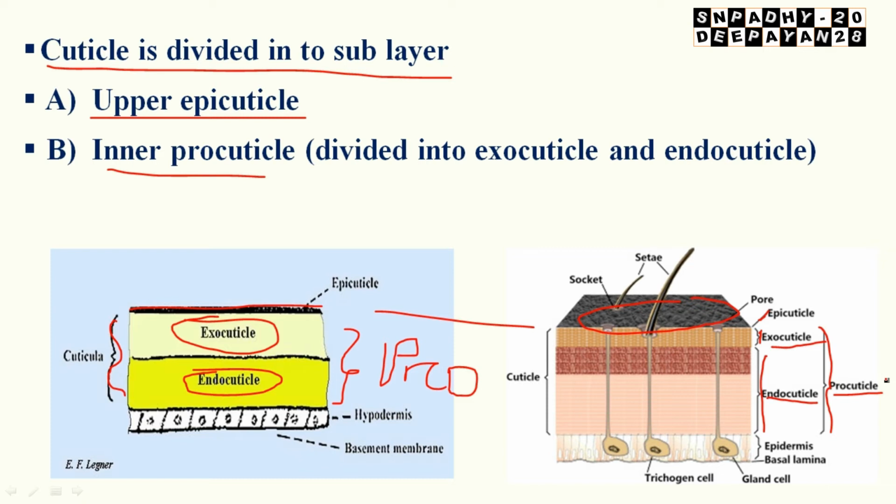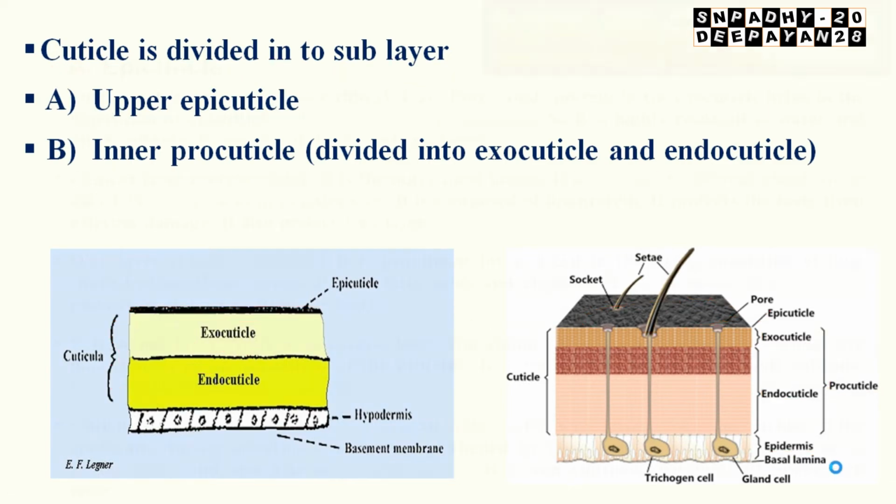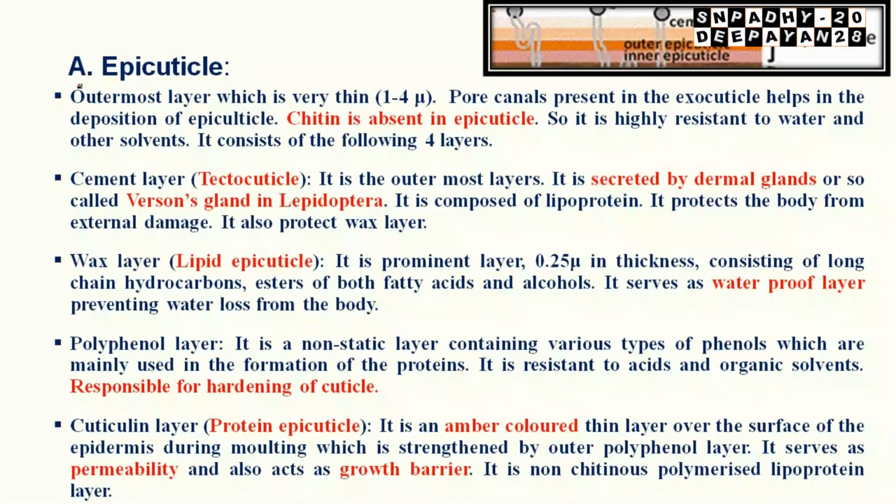Inner procuticle is again subdivided into two layers, outer exocuticle and inner endocuticle. So below endocuticle what will be there? Epidermis. Below epidermis what will be there? Basement membrane or basal lamina will be there. Okay. Now coming to the portion of epicuticle.